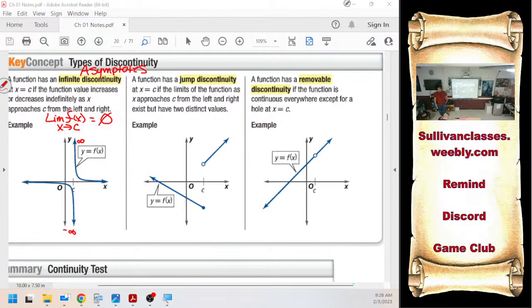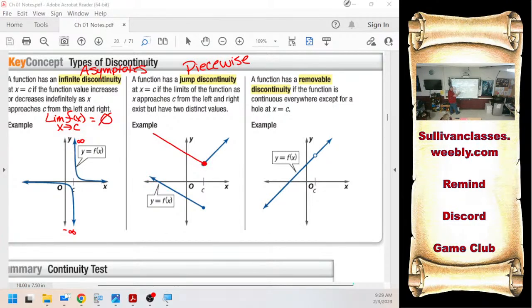Jump discontinuity. We just saw this. What kind of graphs make this? Piecewise. Now, a piecewise function doesn't have to have jump discontinuity. What happens if this graph ends exactly where the next one begins?